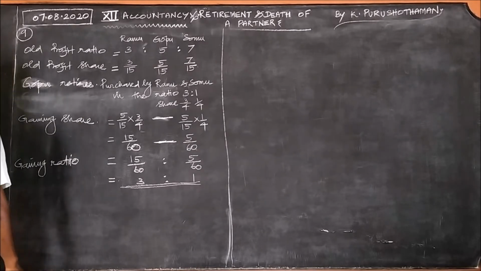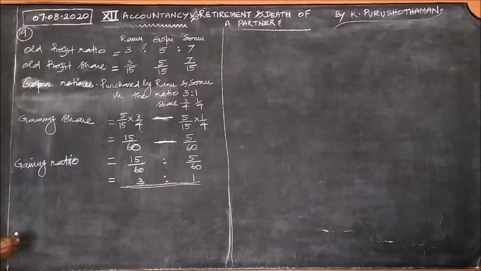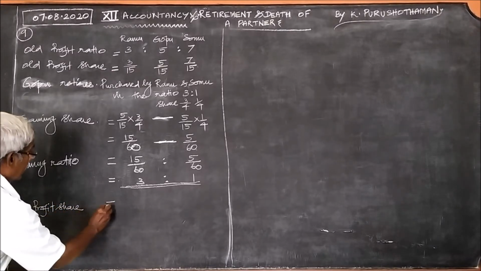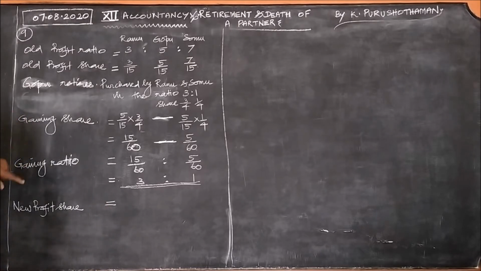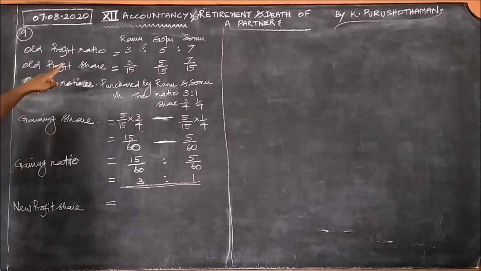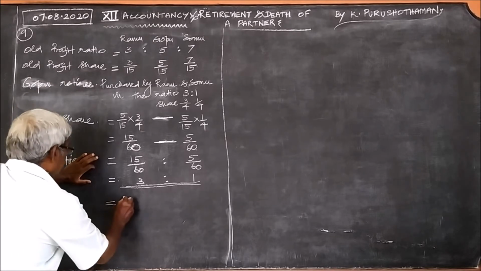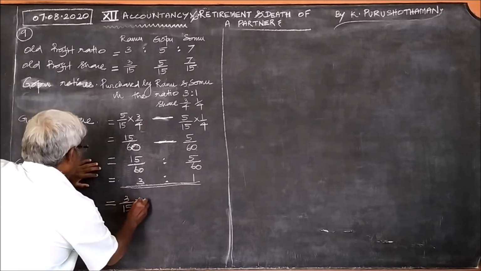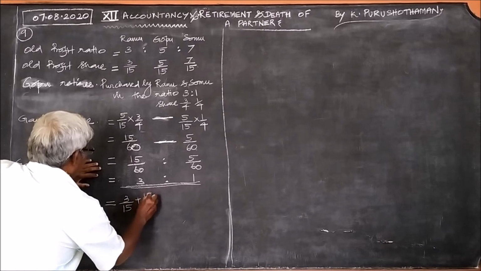And what about the new profit ratio? The new profit share is equal to old share plus gaining share. What is the old share? 3 by 15. What is the gaining share? 15 by 60.